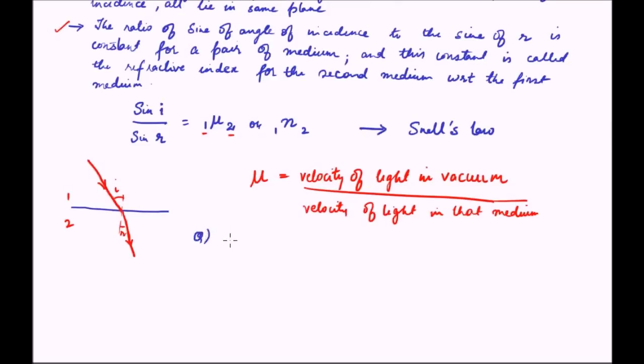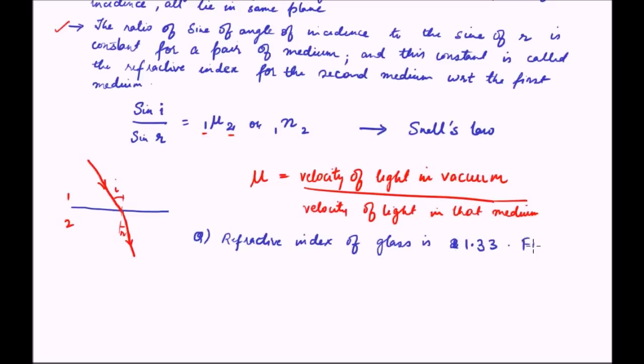Let's say that the refractive index of glass is 1.33. Okay, we know that the refractive index of glass is 1.33.